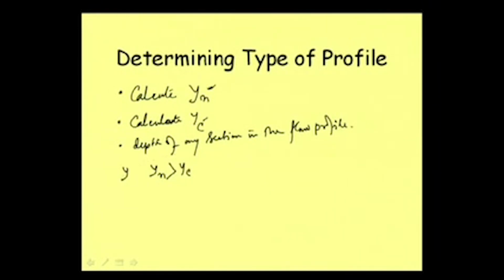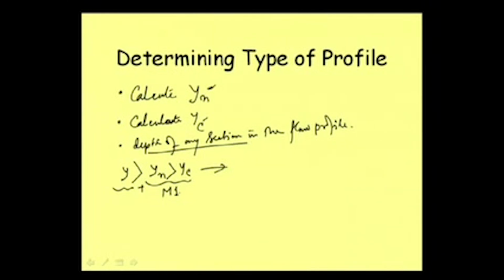And if the depth of flow at a particular section, which we know from other references, is greater than yn and greater than yc, then combining the two, we will get that this profile is an M1 profile.